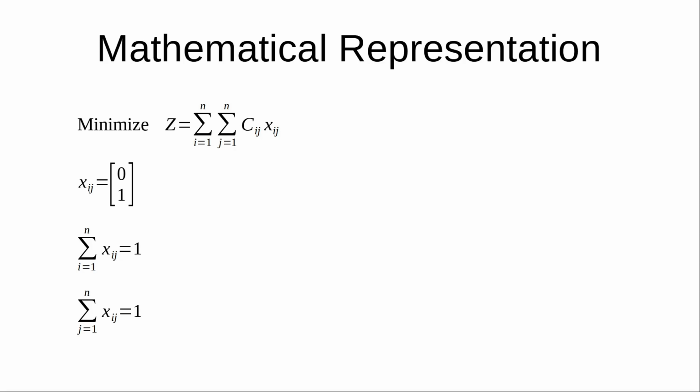So for all other indices of j, it would be 0. We also know that the summation over i from 1 to n of Xij is going to be 1, because in each row we are going to have only one job. And the summation over j from 1 to n of Xij is also going to be 1, because each and every facility is going to get only one job.